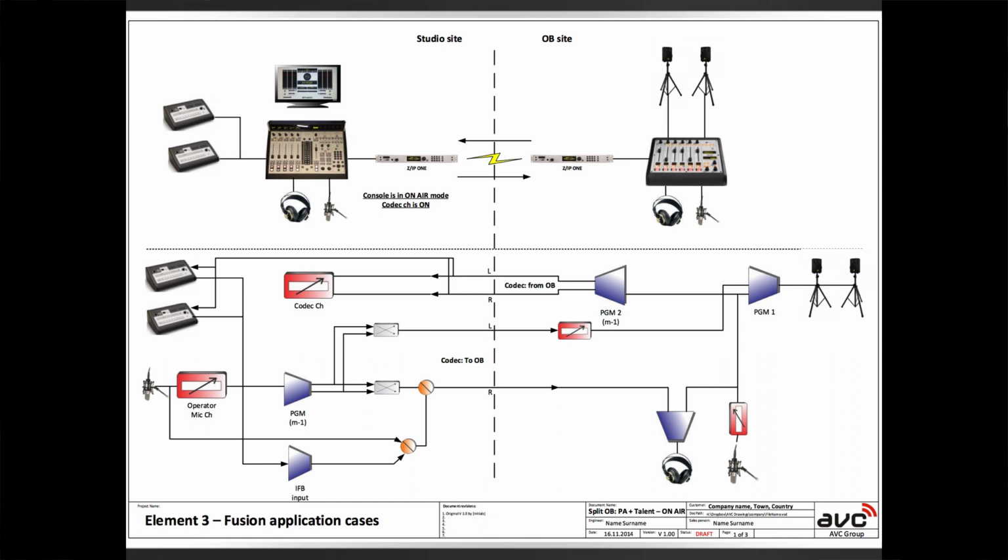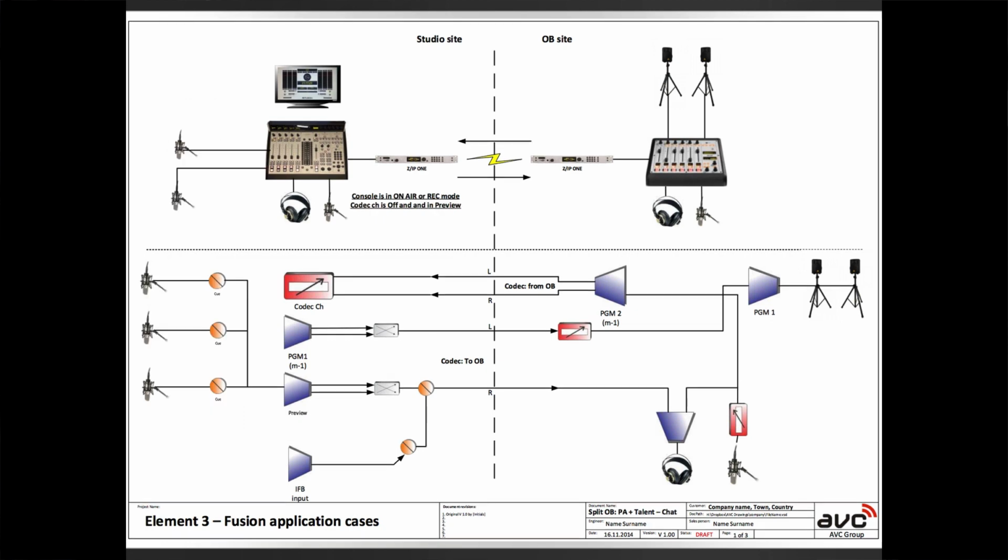Now, the next slide is a slight variation on that. This is for recording the talent so that they could, say, pre-record their breaks. So, again, there's the first slide, there's the second slide. Just little differences in how the console can operate and be set up based upon that flexible configuration we saw earlier.